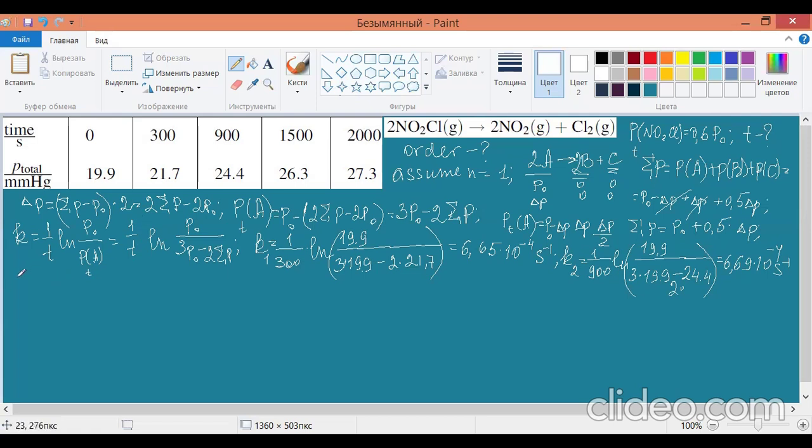Let's do these calculations for k sub 3.